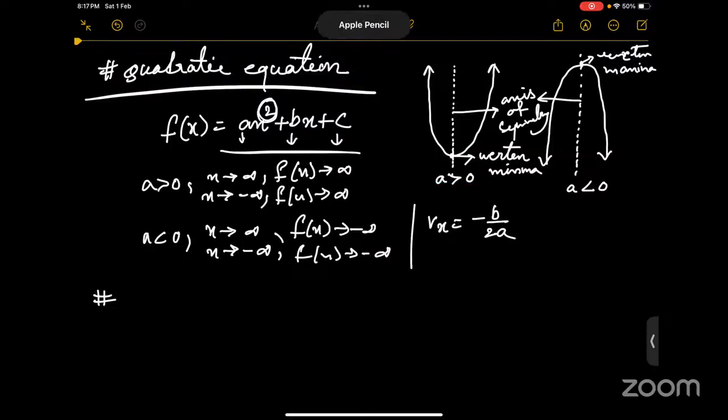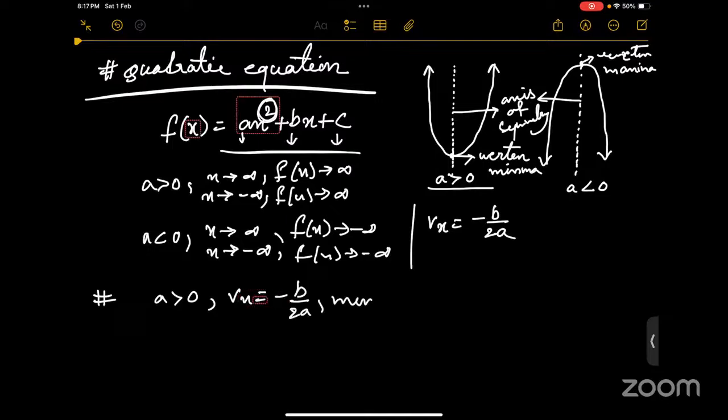Okay. So up to now, for the parabola, if a is greater than 0, then x equals minus b by 2a, the x coordinate of the vertex, is the minima. And if a is less than 0, then x equals minus b by 2a is the maximum.